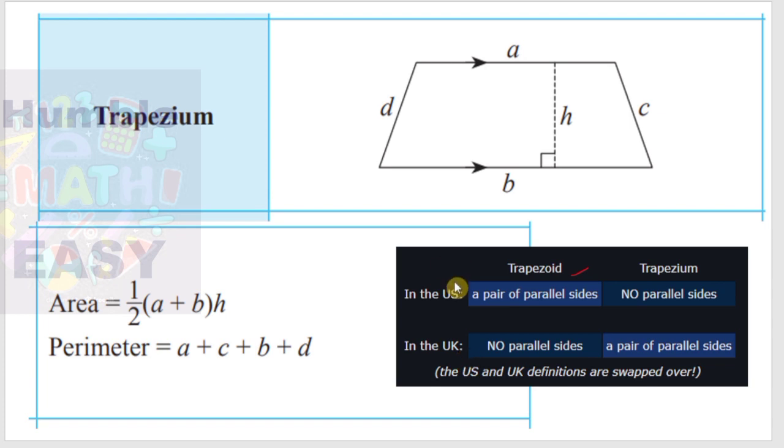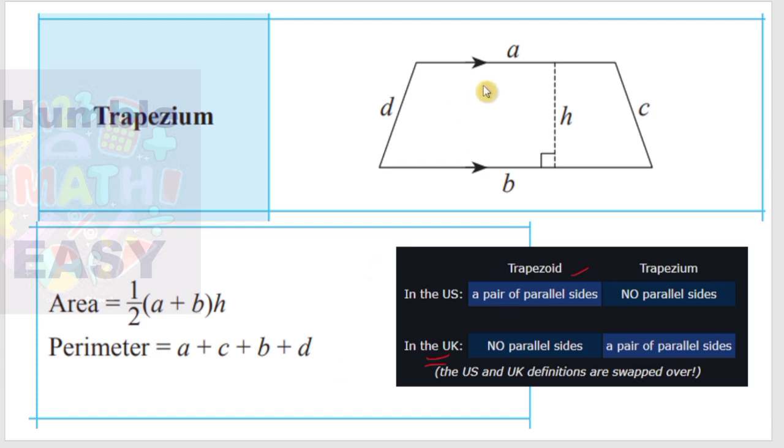Now, to get the area of the trapezium: this one is for the UK because of a pair of parallel sides. Then this one is the trapezium. So in other words, this figure is represented by the UK part. But take note, if we're dealing with this kind of situation, there is a swap between the US and the UK definitions. But let's go on with the formula to get the area of the trapezium.